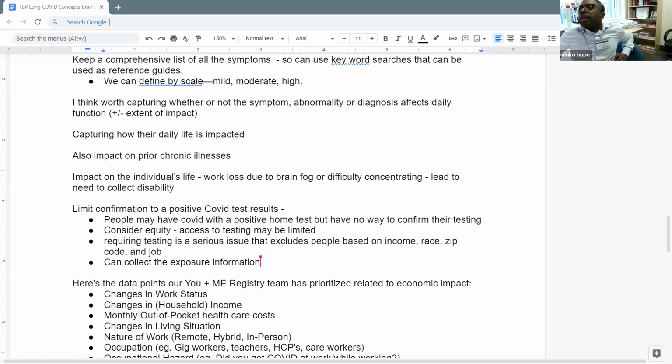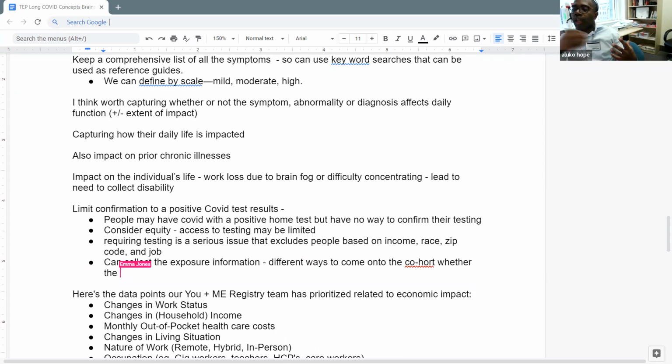No, I'm not implying that it would be required, but it would be a way of capturing that there are different ways to come into the cohort, whether confirmed, or not confirmed but possible. I agree with you that I don't think it's functional and practical to require a diagnosis by PCR, but I do think capturing how they got into the cohort is relevant. I think we can do that.